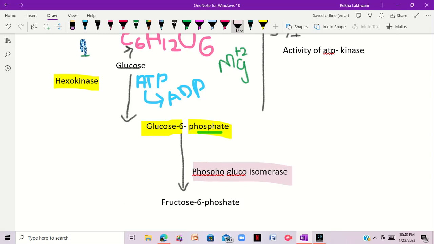As we know, glucose and fructose are isomers. So we have just interconverted them.